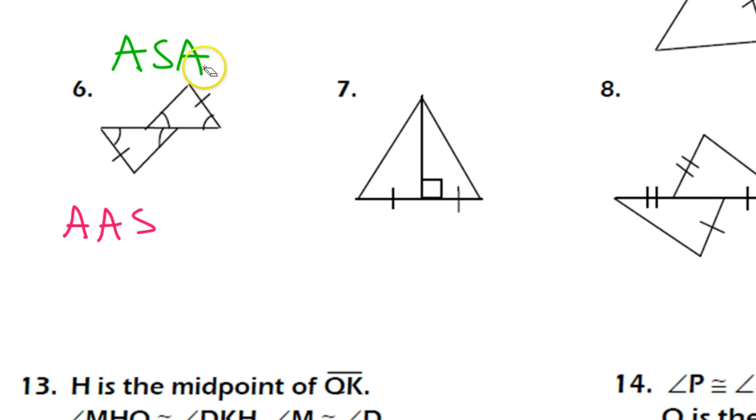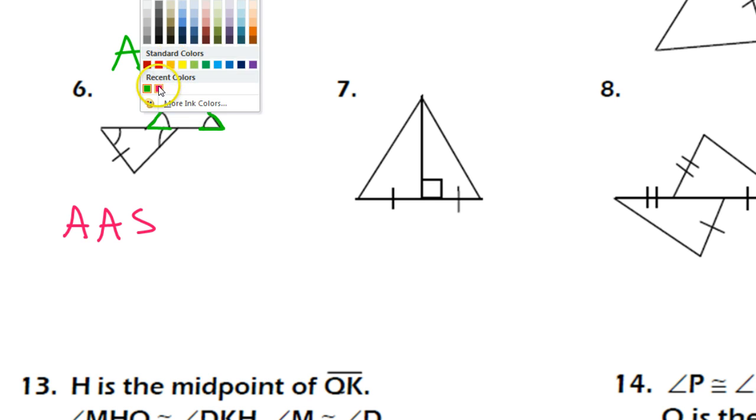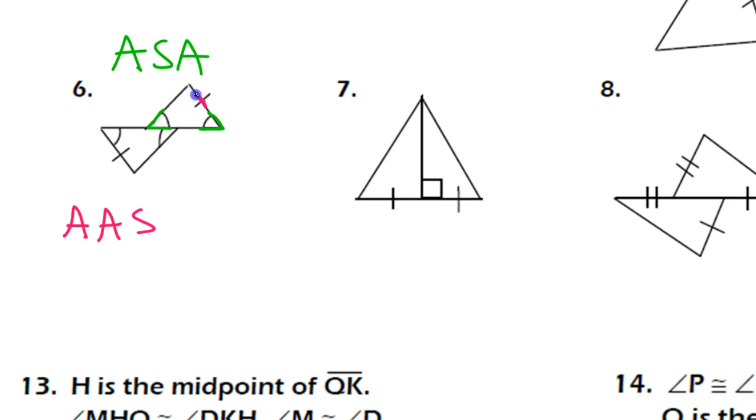If it's going to be angle, side, angle, I need two angles and the side that's between them. But you see, my two angles are here and here, but the side is not between them. If it was going to be angle, side, angle, it would have needed to be this side right here between them. Since it's not between, that makes it angle, side.